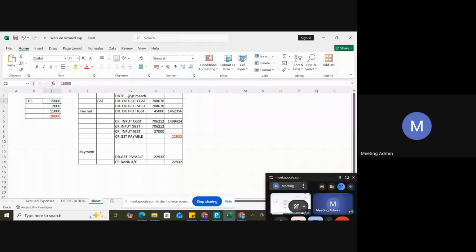Okay, so on 31st March, the output GST was 7,08,000. SGST is the same, both amounts. IGST is 45,000. It is the opening balance only. Input CGST is 7,06,000. Input SGST is this. Okay, so combined together is 14,62,356.